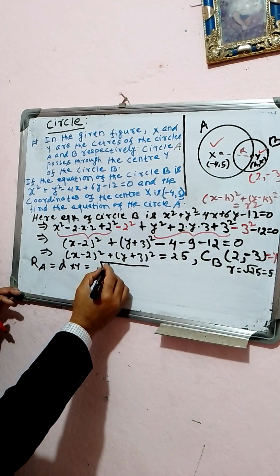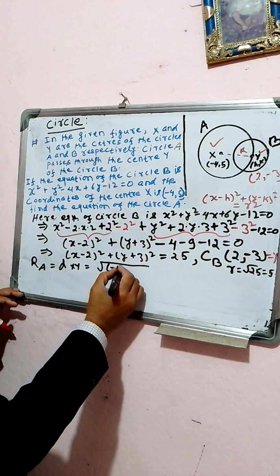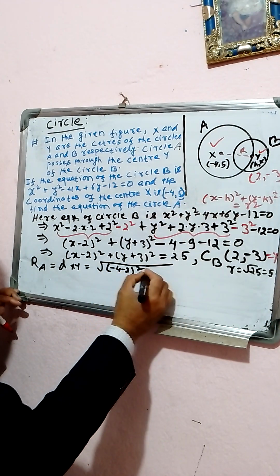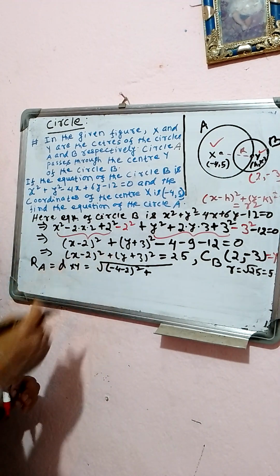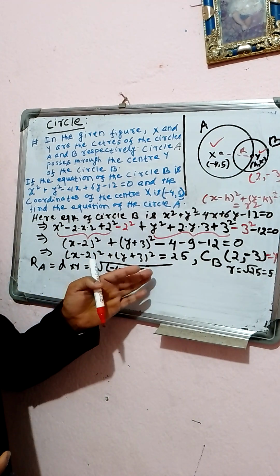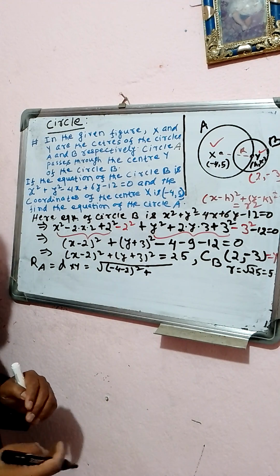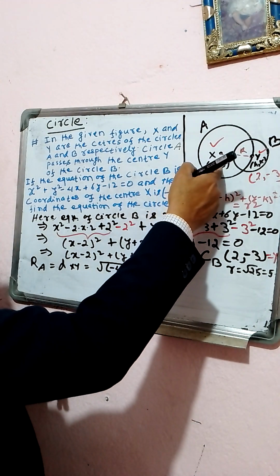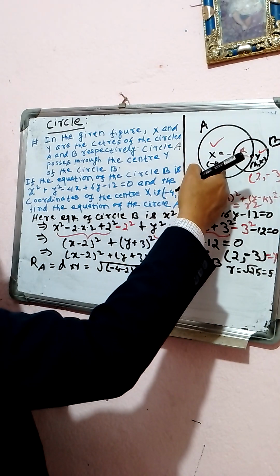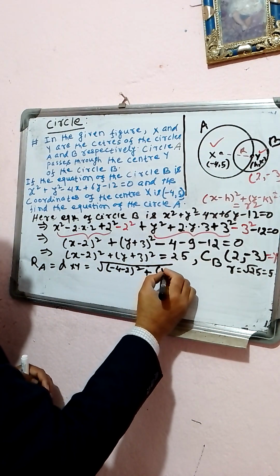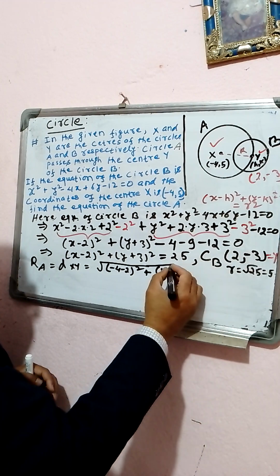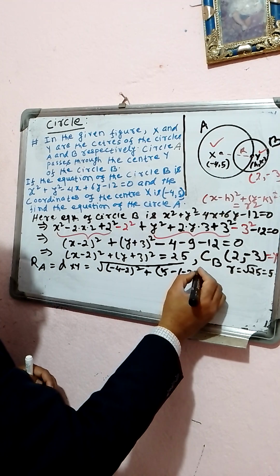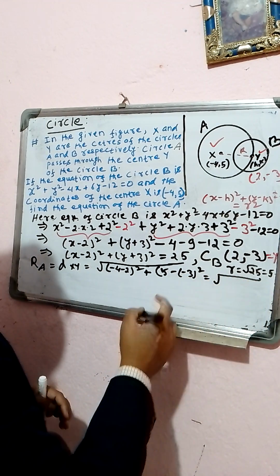So what you can do is use this negative 4, and then negative 2 square, and in between, you know that (x2 minus x1) square plus (y2 minus y1) square under the root, that is called the distance formula. So let's take this as x2, y2 now. So 5 minus negative 3, negative times negative, or you can write here negative 3 square.